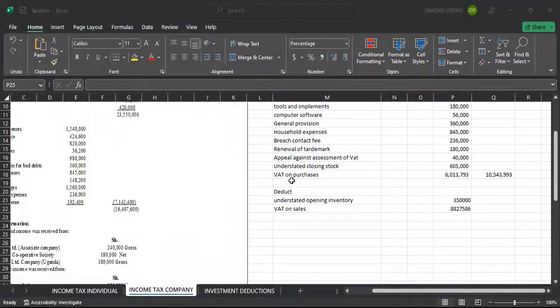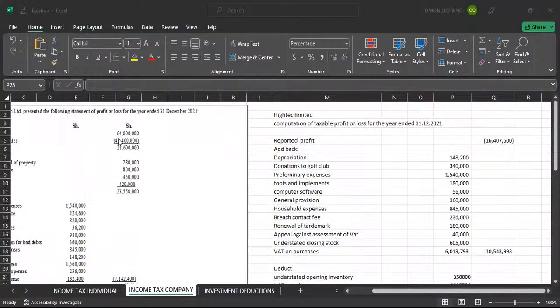So any VAT that is there should not be used to reduce or increase your taxable income. As you can see, our sales up here has got VAT, which means it is exaggerating.